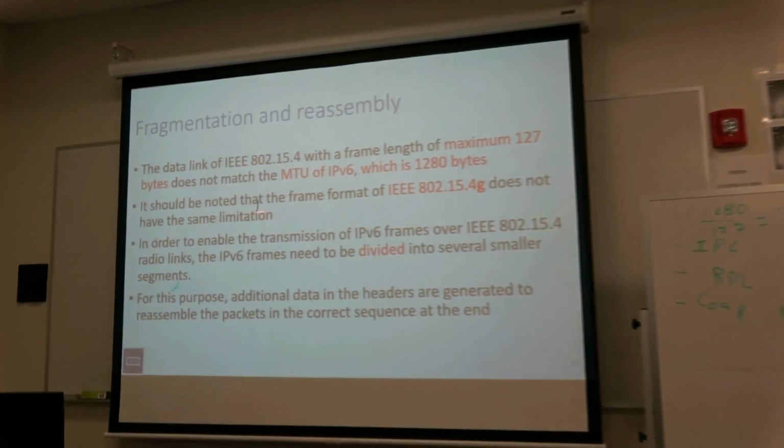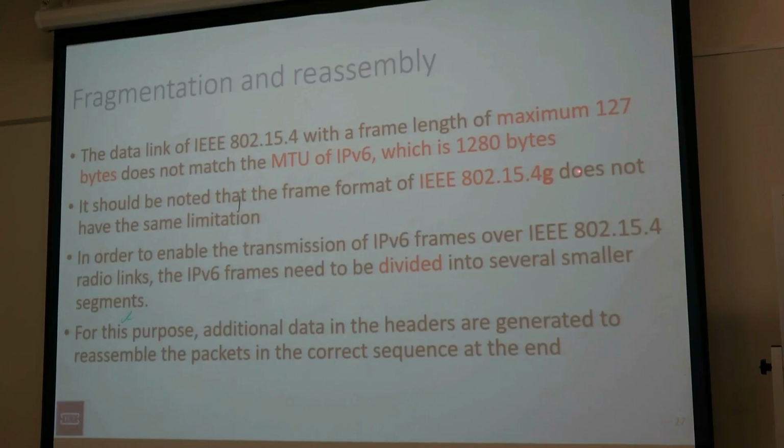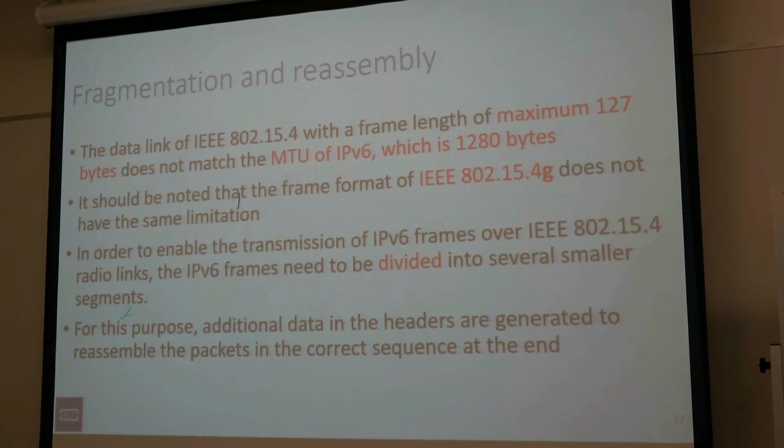It should be noted that the frame format in other technologies does not have the same limitation. Anyway, we are not talking about those, we're talking about 802.15.4. In order to enable the transmission of IPv6 frames over IEEE 802.15.4 radio links, the IPv6 frame needs to be divided into several small segments.